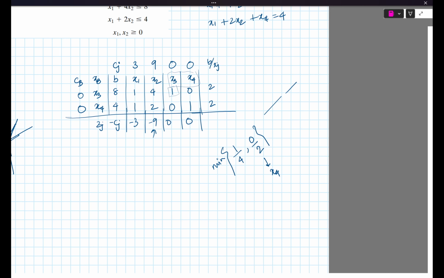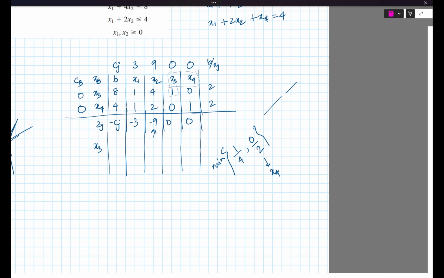So x4 will be departing. And if there is a tie, then we move to the next column. So the order in which you go should be maintained. Because if we take the order x4 and x3, then x3 will be departing first.